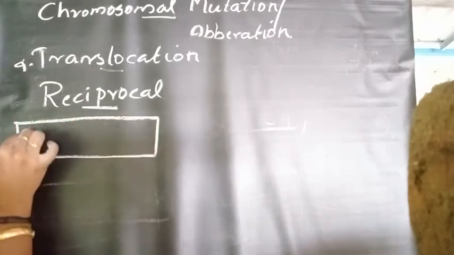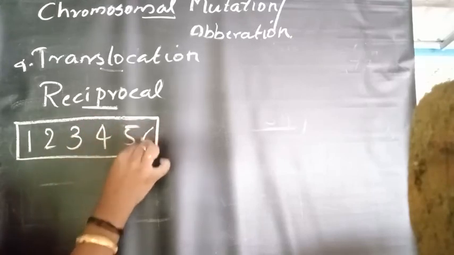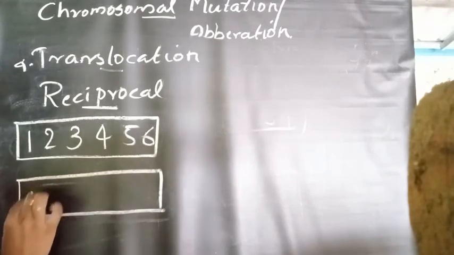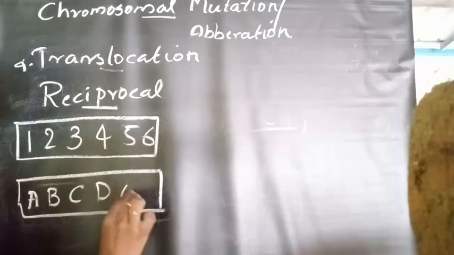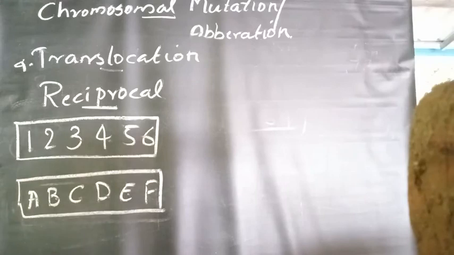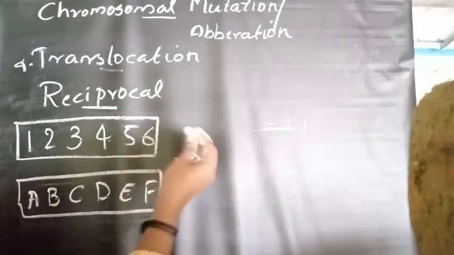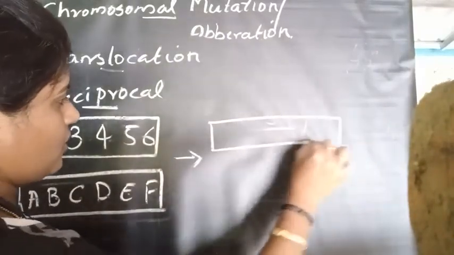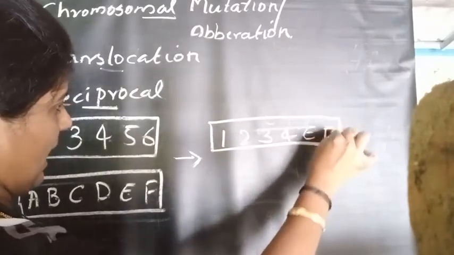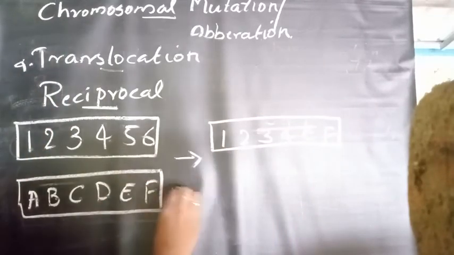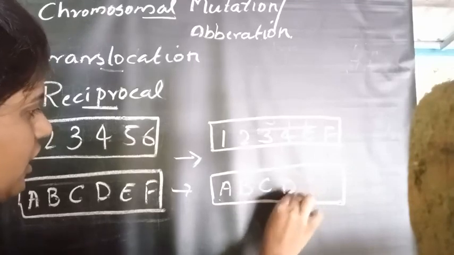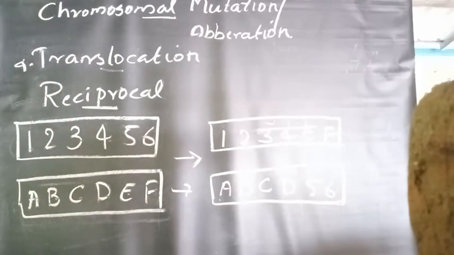We will take the same example: 1, 2, 3, 4, 5, 6, then A, B, C, D, E, F. In reciprocal translocation, as a result, one chromosome has 1, 2, 3, 4, E, F, and the other has A, B, C, D, 5, 6. So this is called reciprocal translocation.